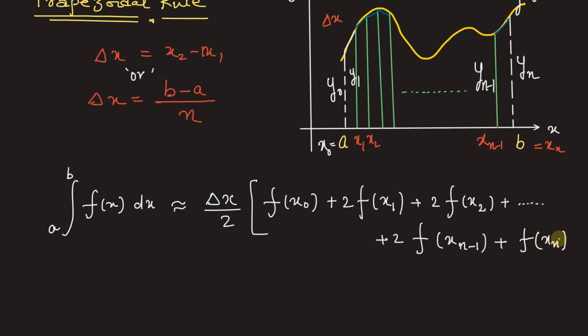This xn is nothing but b here, the endpoint. Also delta x, let me write it again, delta x will be b minus a divided by n.